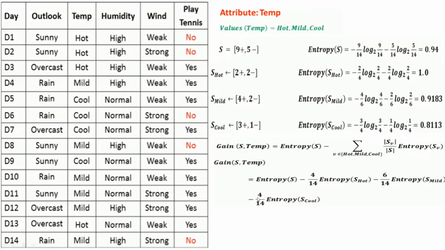Later on, minus 4 by 14, which represents the total cool values in the data set, which is 3 positives and 1 negative. Again, entropy of cool, this value 0.81, will be substituted here, so that you will get the gain of temperature.